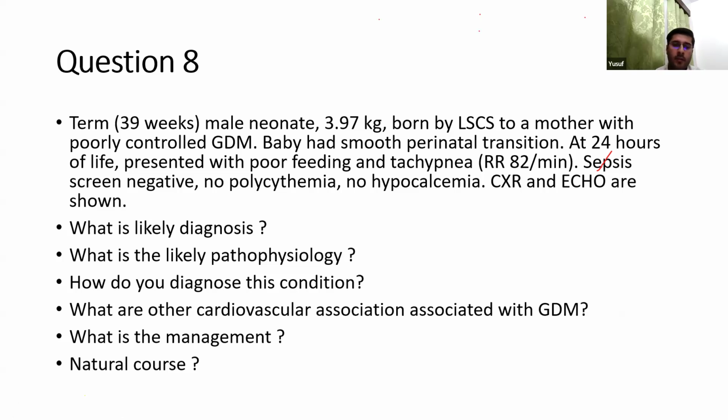So what is the pathophysiology of this? Single word, if I have to ask, what are the important words that we should know? Better would be to say a dynamic LVOT obstruction. And then what additional thing would be contributing to this LV obstruction?